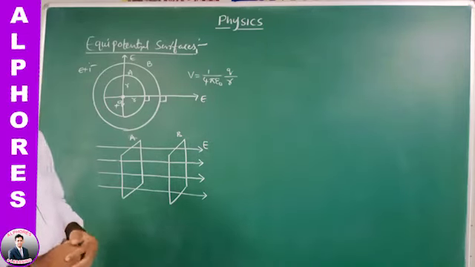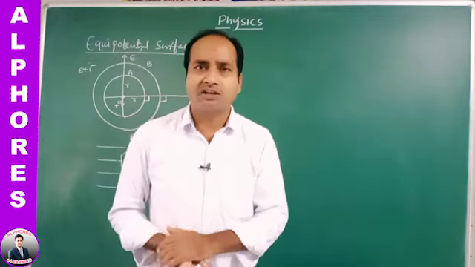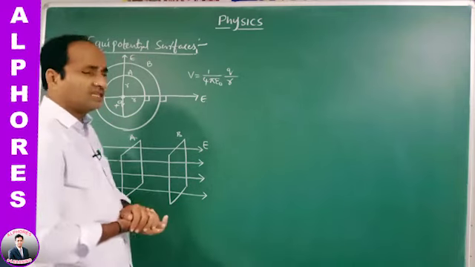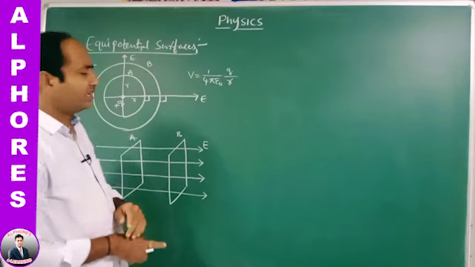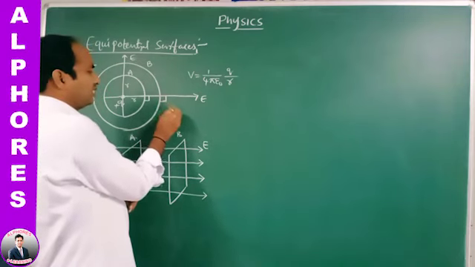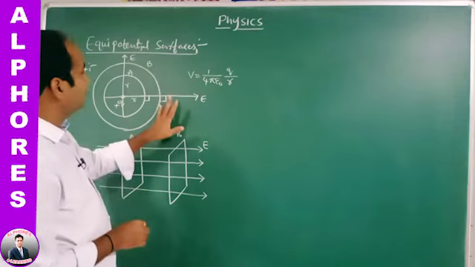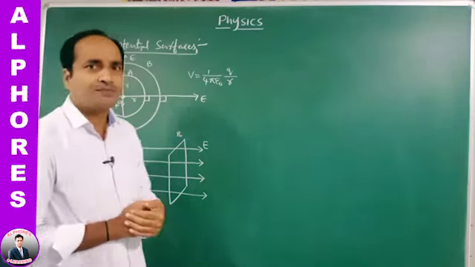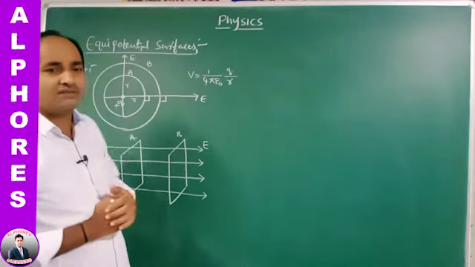For suppose it is not normal, the electric field is not normal to the equipotential surfaces, then what happens? For suppose it acts along this direction. Now a component of the electric field acts tangential to the surface.